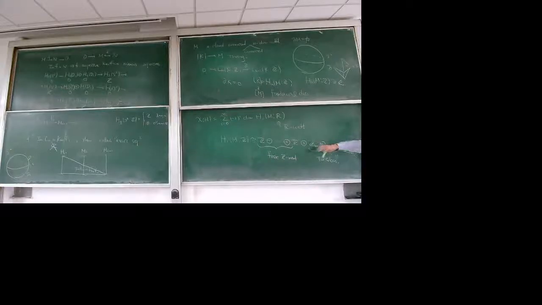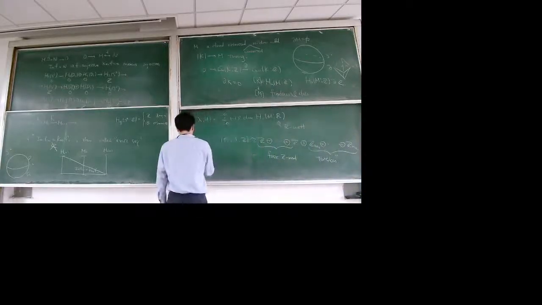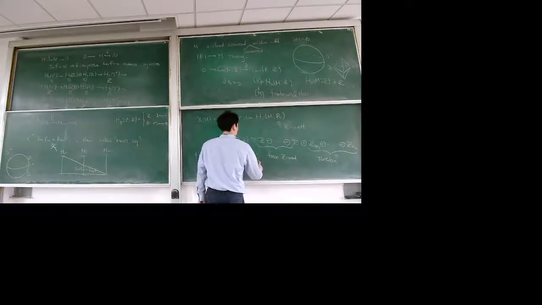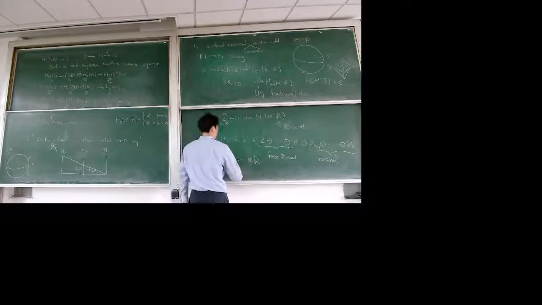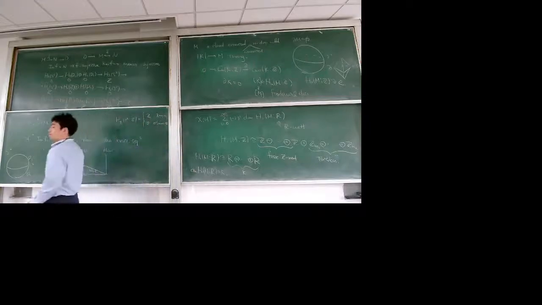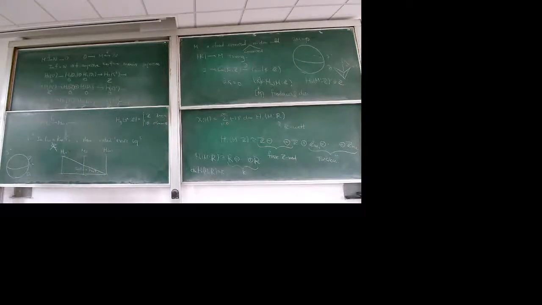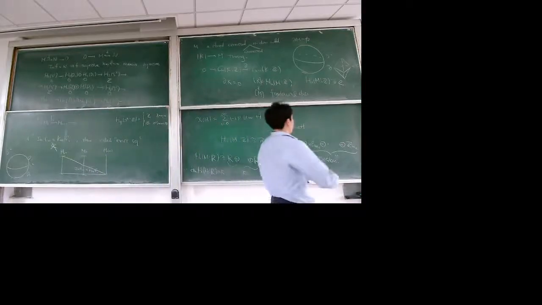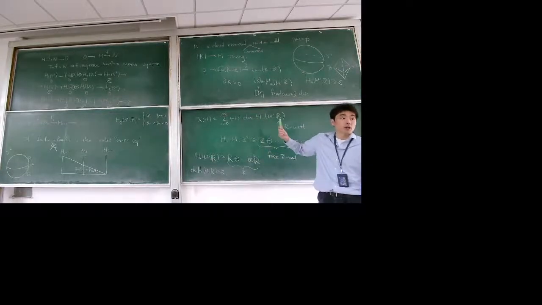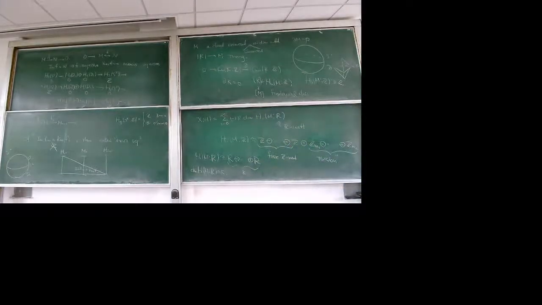H_i of M with R coefficients is just a bunch of copies of R. So if it is k copies, the dimension of this one is k. There's no ambiguity for torsion classes if you use R coefficients. That's why it's easy to define the homology class with R coefficients.